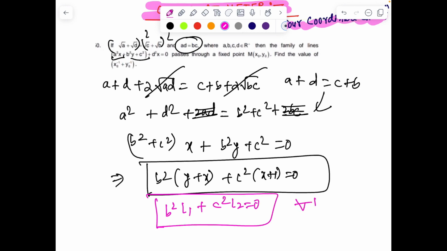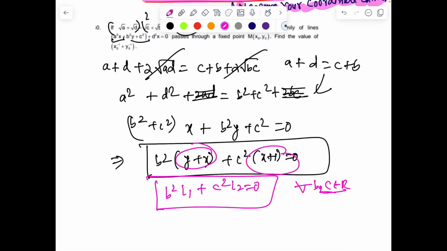And definitely for all values of b and c, this will always pass through the point of intersection of x plus 1 equals 0 and y plus x equals 0. So the answer is -1 and 1. Plugging the value, we get 0 as the answer for our first problem.